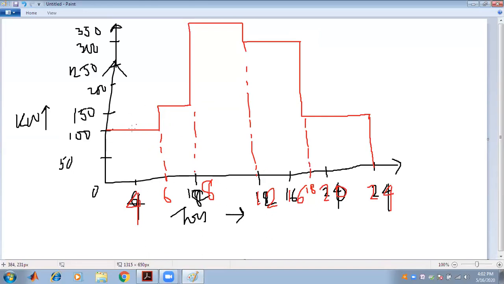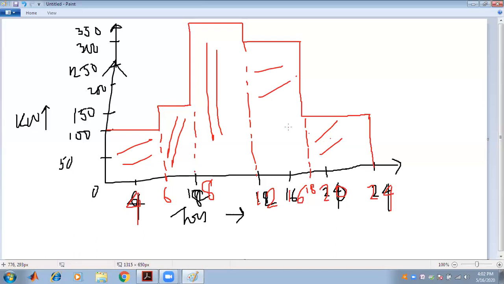So this is the area under the graph: the first area, the second area, the third area, the fourth area, and the fifth area. So what is the total area? Total area is 6 into 100, the first one. The second one is 150 into 2.